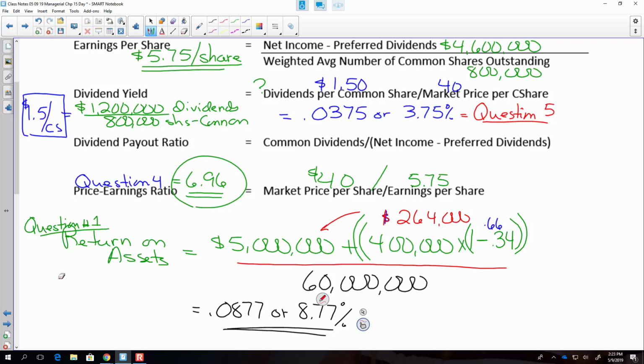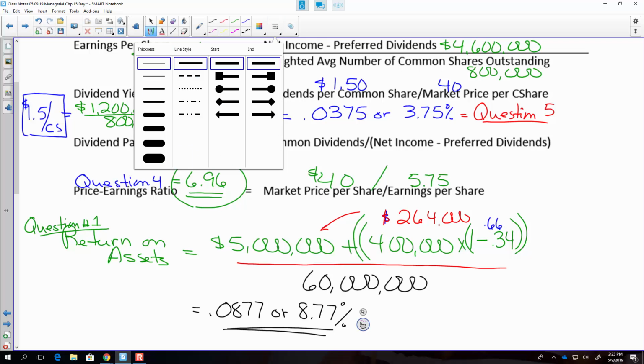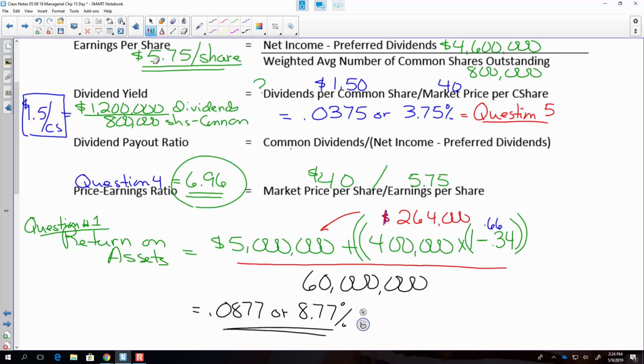All right, our last one, guys. Compute the dividend payout ratio. So here we have our common dividends, again, given to us, 1.2 million. I'm going to make this in purple. Let's put that down here, 1.2 million of common dividends. I'm going to divide by our net income minus preferred dividends. My net income was 5 million.